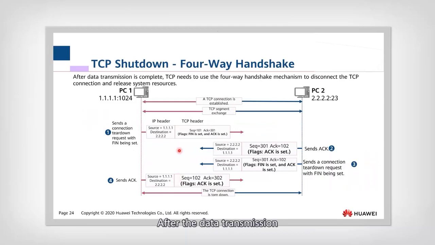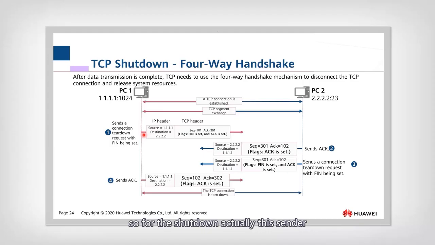After the data transmission, finally, the TCP connection should be shut down to release the resources allocated to this connection. For shutdown, typically they use the 4-way handshake. It's a little more complicated than connection establishment, where we have a 3-way handshake.